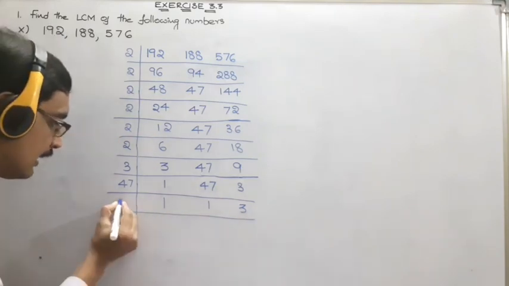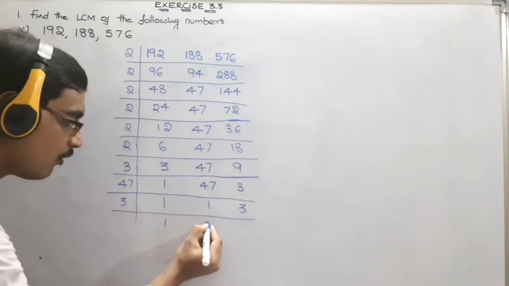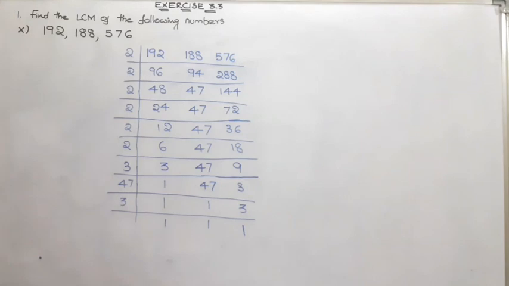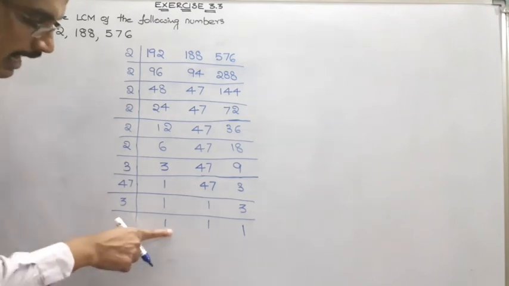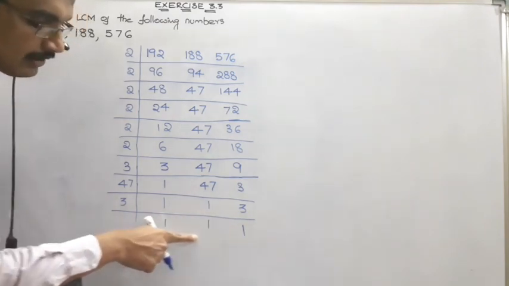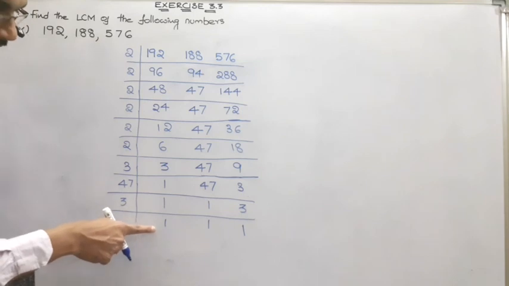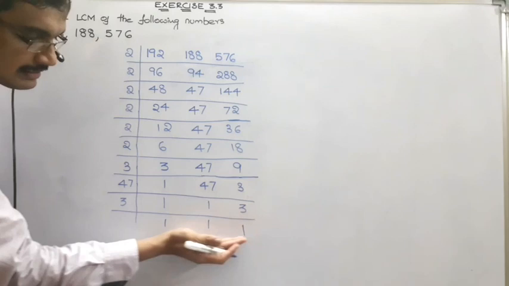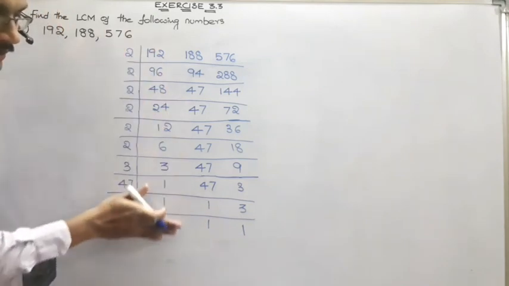Okay. Lastly 3 1s are 3. If you observe, at the last step you got all the values as 1. This itself indicates that we are done with the process.